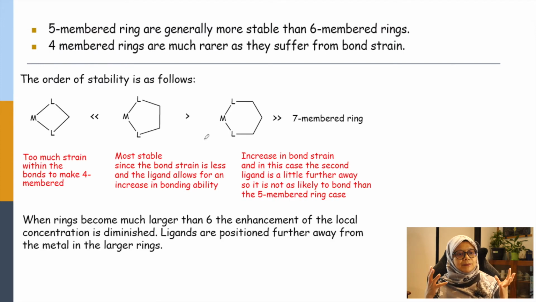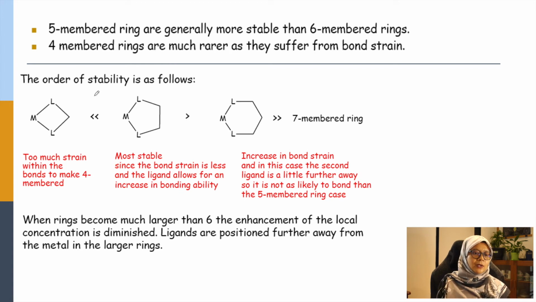Other than that, we have 4, 5, 6 and 7 membered rings. Five membered rings are generally more stable than 6 membered rings. The 4 membered rings are much rarer as they suffer from bond strain.